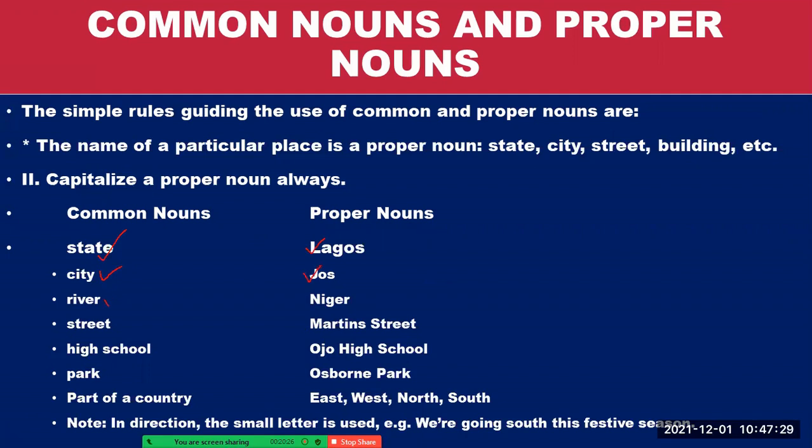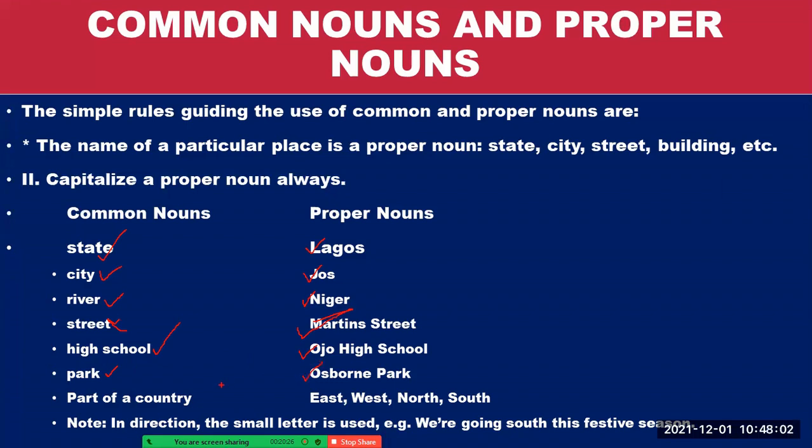Then you have common noun, river, proper noun, Niger, the name of a particular river. Now, street is a common noun, all right? Then Martin Street is the name of a particular street, so it is a proper noun. High school, then you have Ojo High School as the name of a particular high school. Park, you have Osborne Park as the name of a particular park.